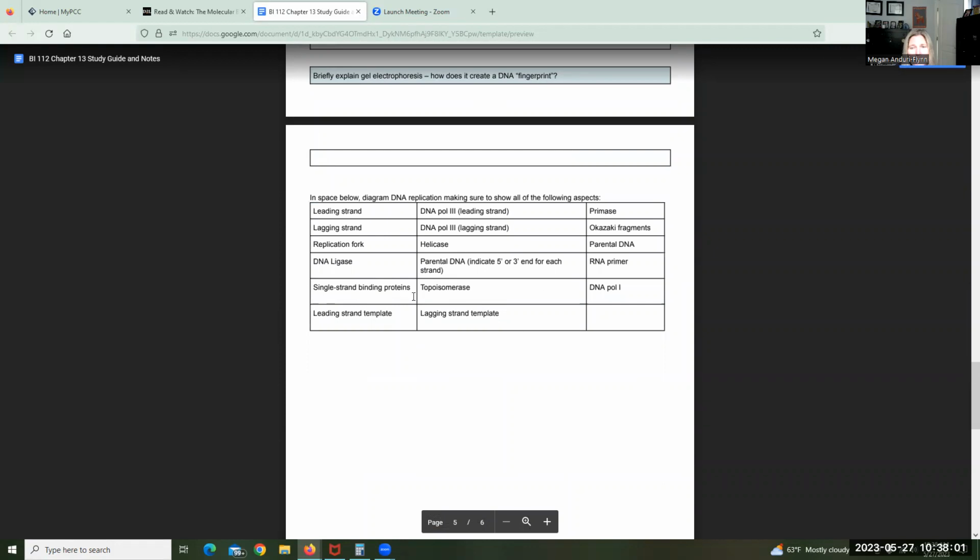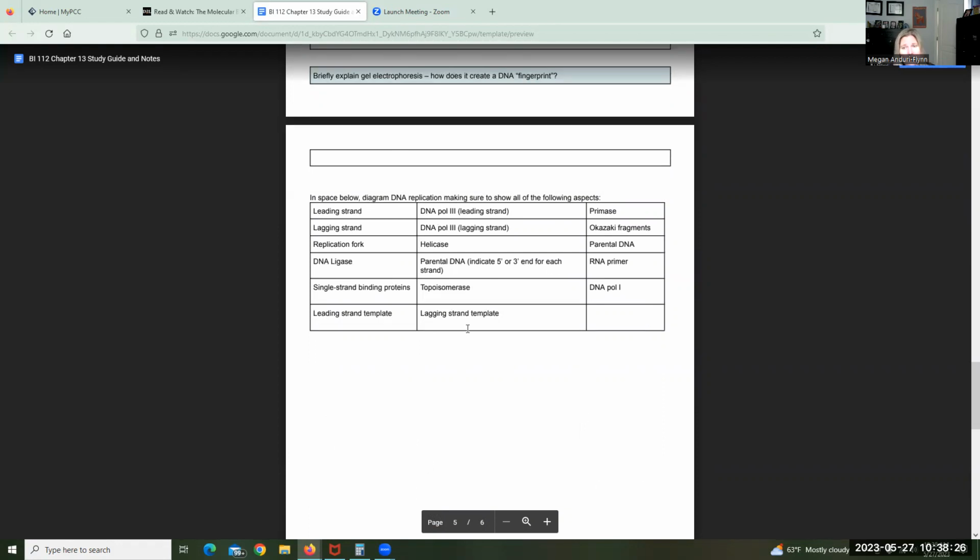I'd like you to pay close attention to this question at the very end. Here you're going to diagram the DNA as it's replicating and be able to draw out and identify all of these different structures. This will help you out a lot in understanding what each one of these roles is in the DNA replication process.